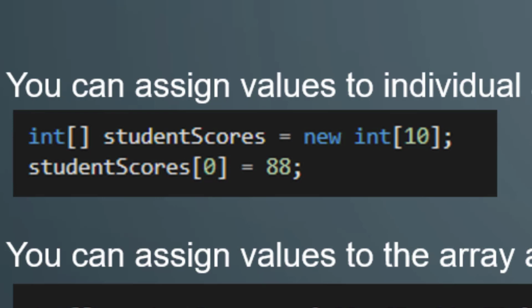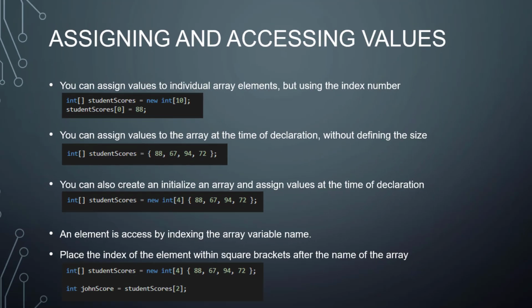Now, we can put the score 88 and assign it to student scores element 0 by typing in student scores open bracket 0 close bracket equals 88. What we're doing here is we're basically saying, okay, let's go to the first element within the student scores array. Let's assign the value of 88 to that element.